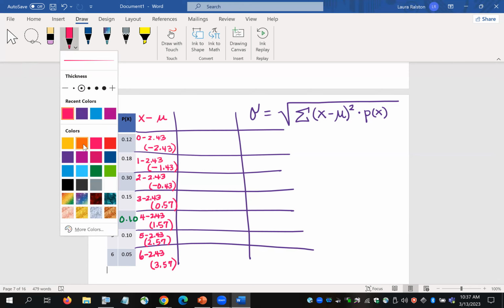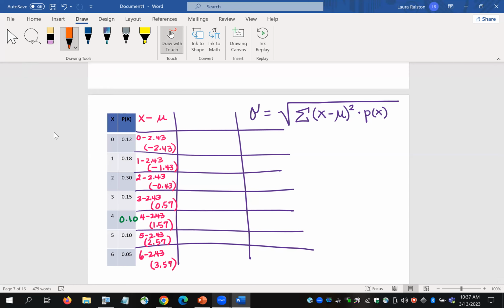Once you've performed the subtraction, then I take that answer and I'm going to square it. Okay, so I take this answer and I square it. So I'm going to have negative 2.43 squared. And I'm sorry, I can't do that in my head. That gives me 5.9049.